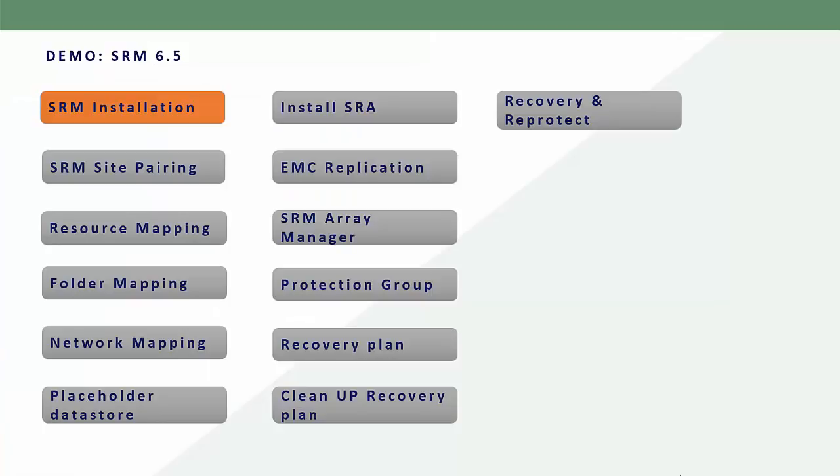The next part of the demo is SRM pairing. In the first video when I explained the architecture, I mentioned SRM uses a paired architecture. Here we're going to configure it.